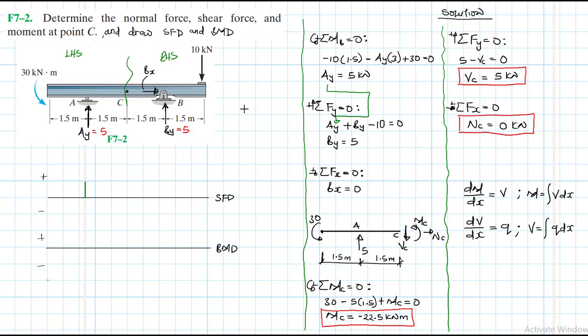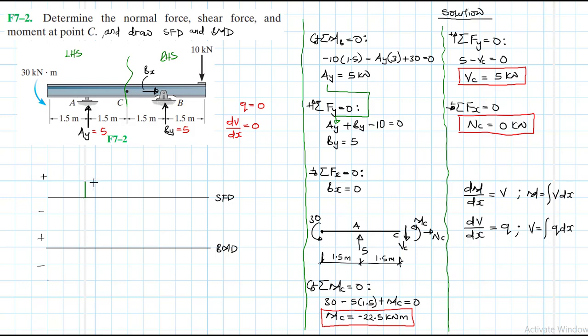So I was saying our load between A and B is equal to 0. Okay, and since we know that dV, or the rate of change of shear with respect to x, is equal to the load, and if the load is equal to 0 in the space that we are considering from A to B, we expect the slope also to be equal to 0, right?